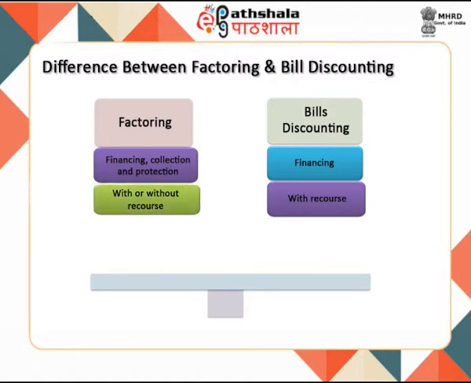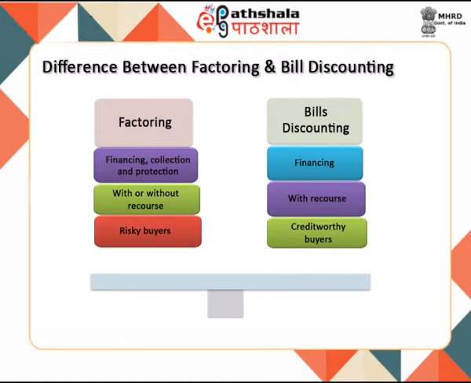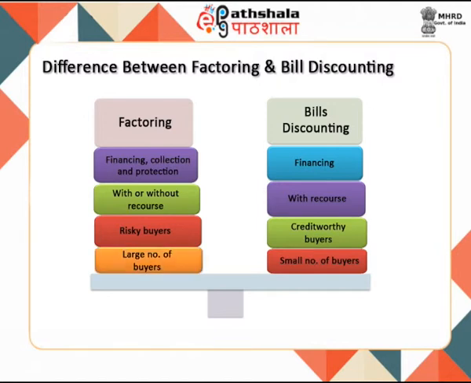The next difference is bill discounting is preferable when the debtors are creditworthy, whereas factoring can be taken up in case of risky debtors as protection is also provided by the factor. And the last difference is bill discounting is preferable only in case of a lesser number of buyers, whereas factoring helps to manage a large number of buyers.